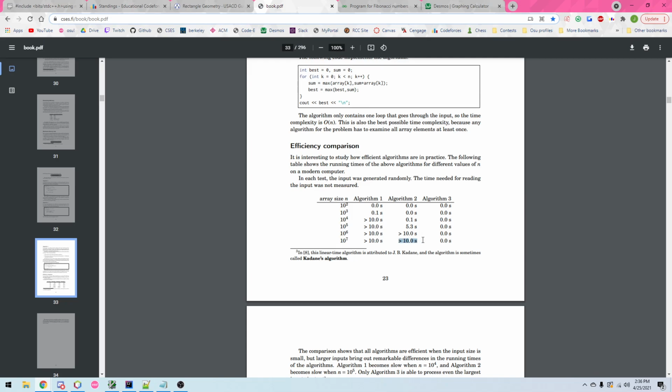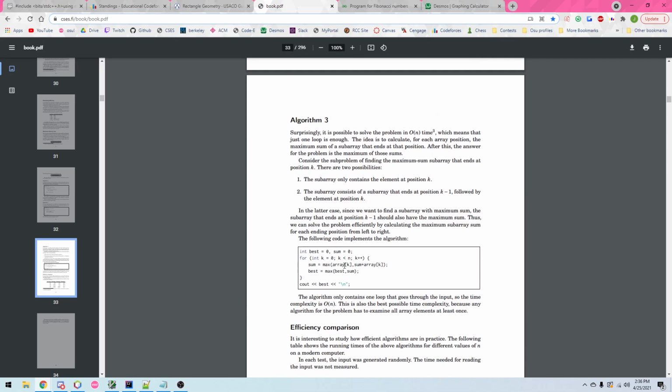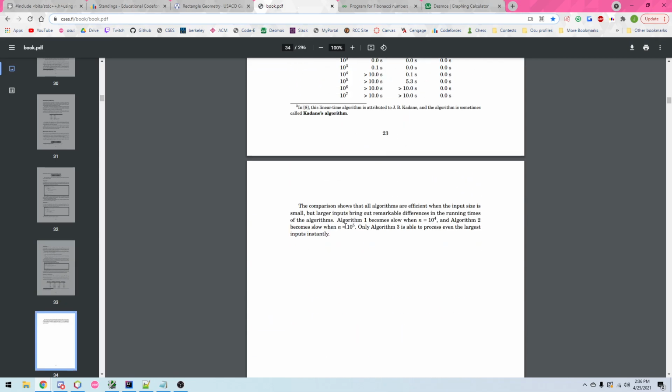Algorithm 2 will start to take more than 10 seconds, but the last one still finishes instantly because it's the fastest algorithm. It has a linear time complexity. Only algorithm 3 is able to process the largest inputs instantly.